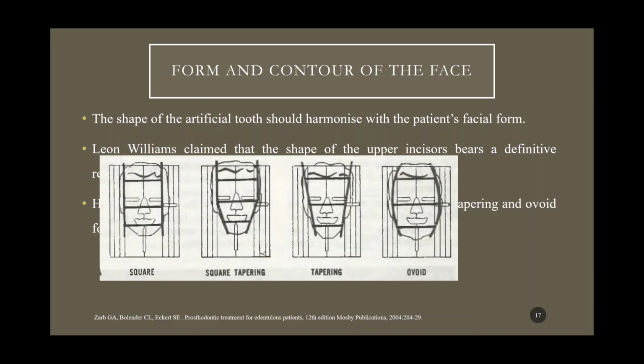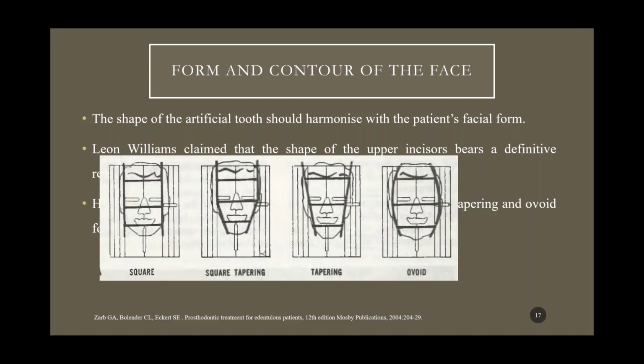In tapering faces, the side of the face from the forehead to the angle of the jaw will taper in an inward diagonal way, and ovoid faces will be determined by examination of the curved outline of the face against the straight vertical line of the tooth indicator.